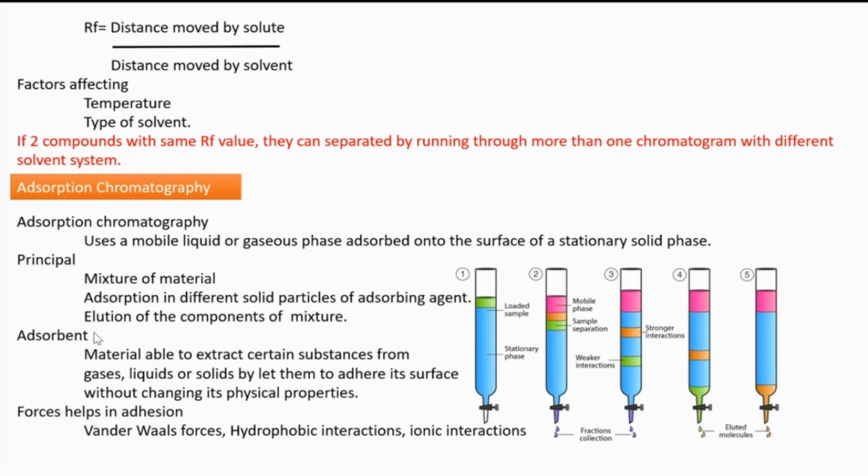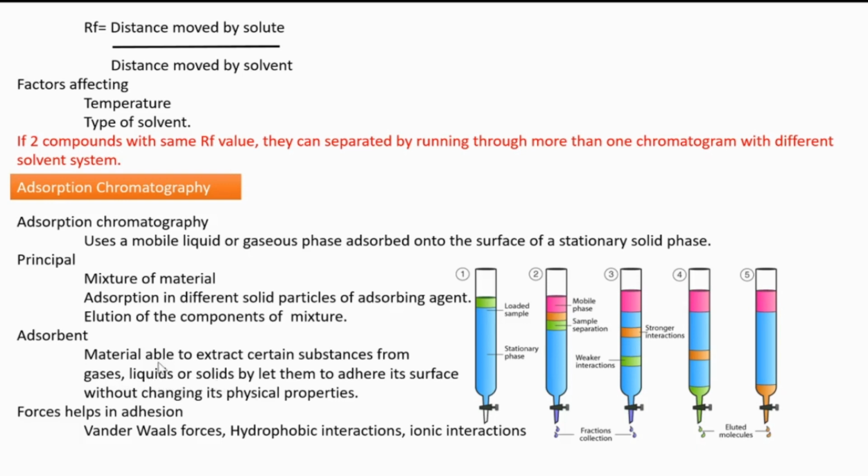Okay, that's the principle. The adsorbent substances used as the stationary phase here are certain substances that allow gases, liquids or solids to adhere to their surface without changing the physical properties of these substances.